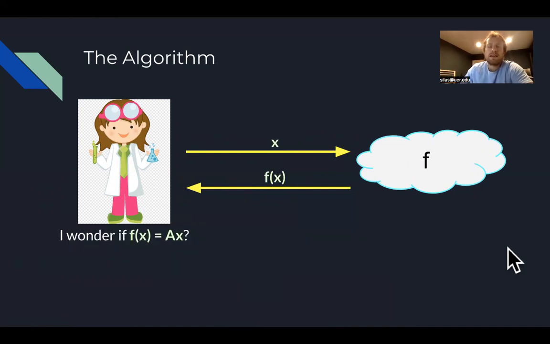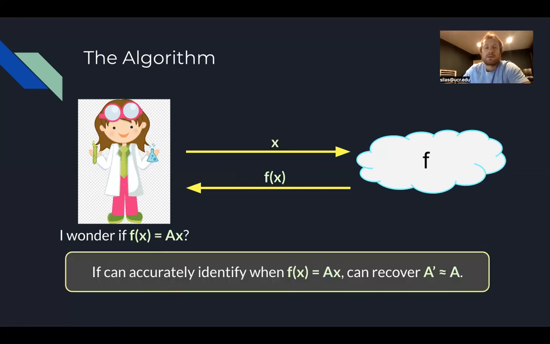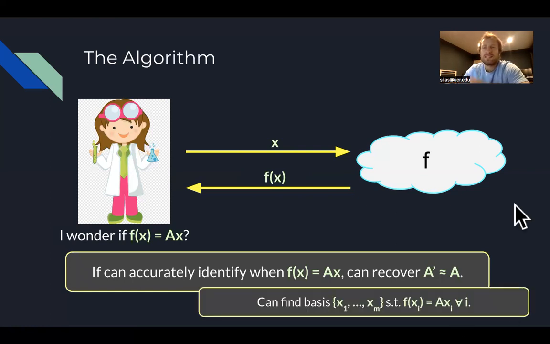And a related and, I guess, equivalent question is, given an x, we feed the oracle an x, we get f of x as output, and we're trying to understand whether f of x is equal to A of x or not. And if we can answer this question, then we can recover A prime in a pretty easy-ish way.